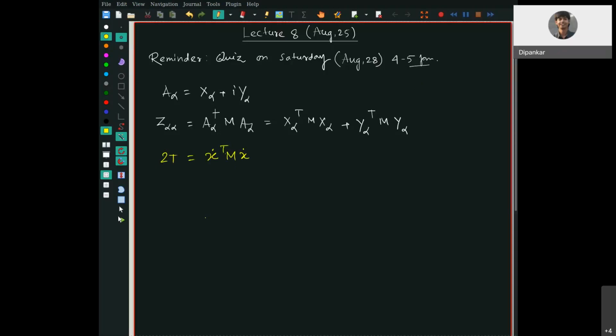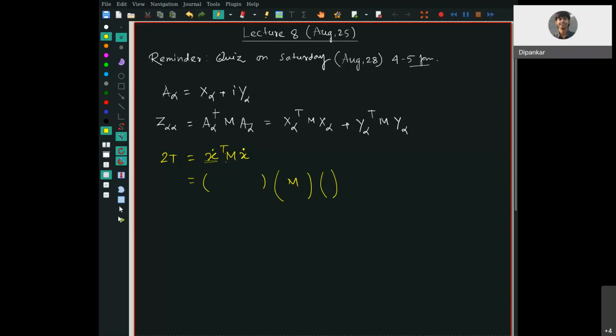That's what you are saying, right? So this x dot is a velocity matrix, a column matrix, then the matrix M, and then this matrix. I did not say what the values of x dot are.